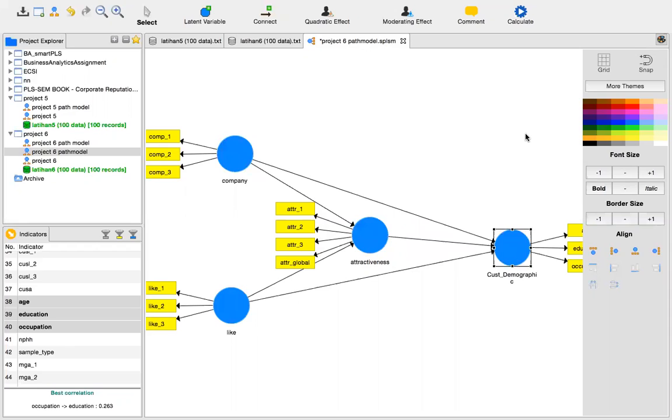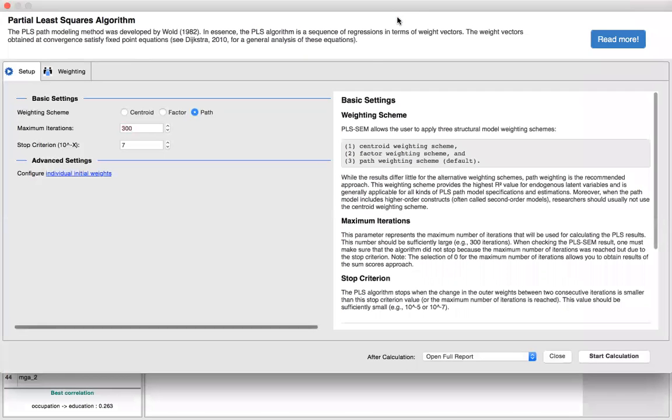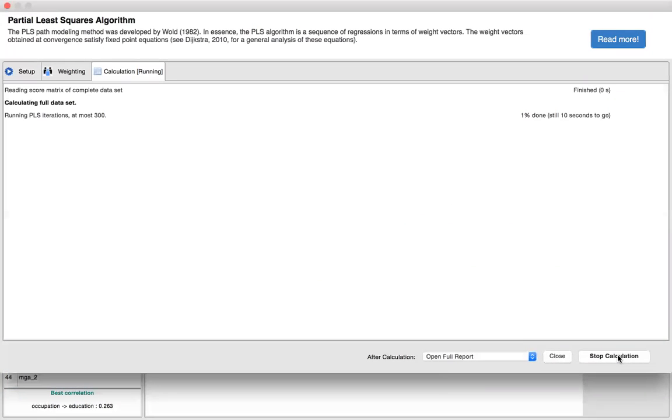This diagram connects the variables to visually display the hypothesis that will be tested in the case. Next, we're going to calculate the PLS algorithm. Leave it like that, and start calculation.